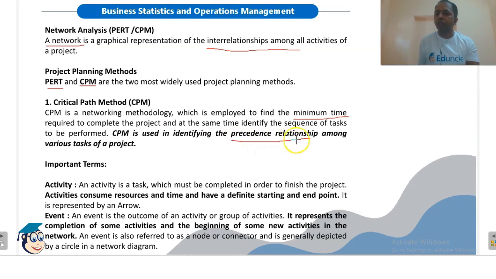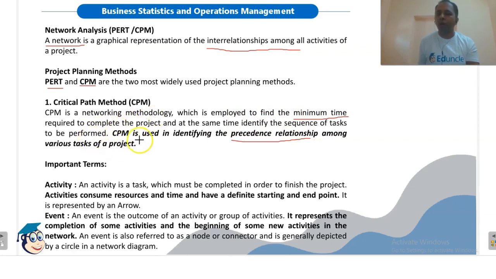Now, precedence relationship means what is the relationship between various activities. This means which activity will start after the completion of a particular activity. That is what precedence relationship is. So we are finding out the minimum required time to complete the project. We are also identifying the sequence of tasks to be performed.